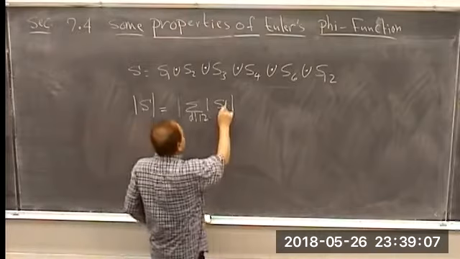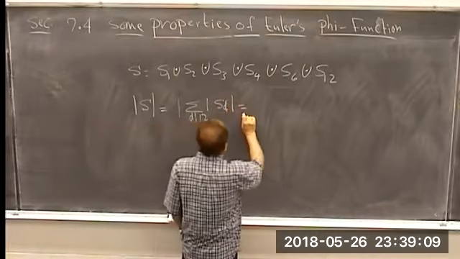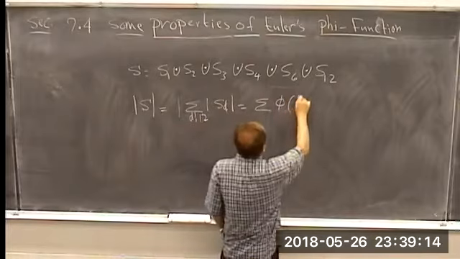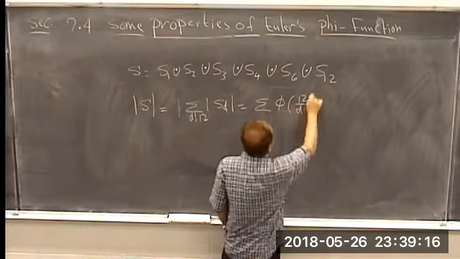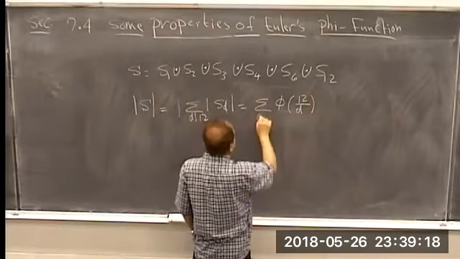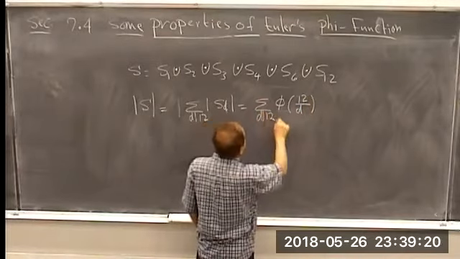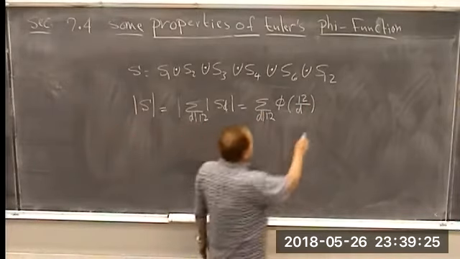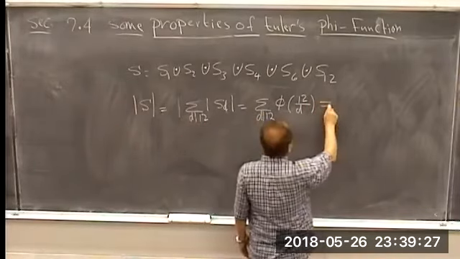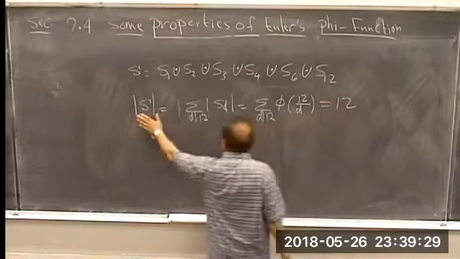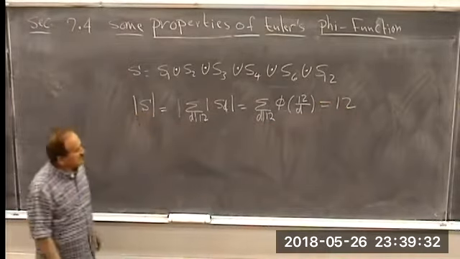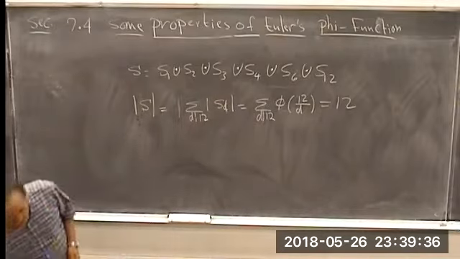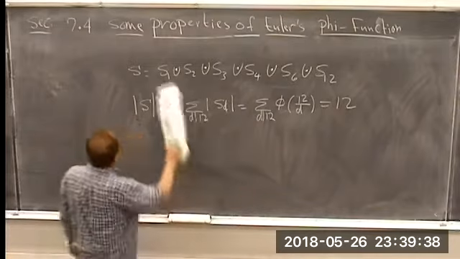And we know that each one of these turns out to be phi of 12 over D, where D is a divisor of 12. Of course, when we add these up, we came up with 12, which is what the order is. So this is the idea of the proof. We're going to go ahead and do the proof in general.